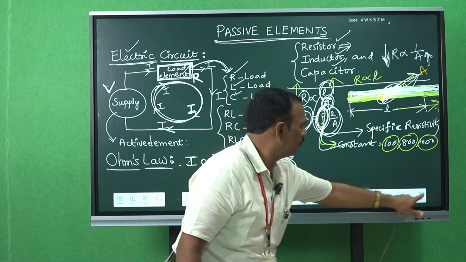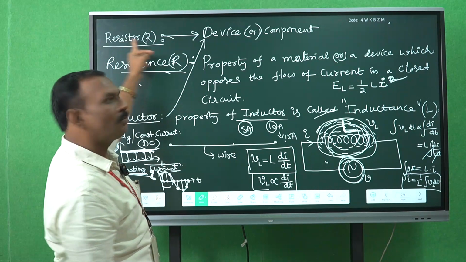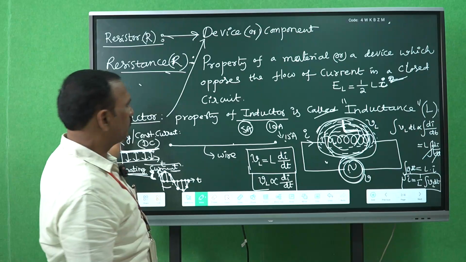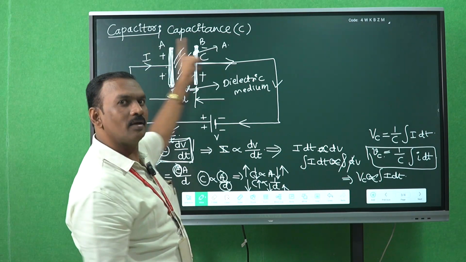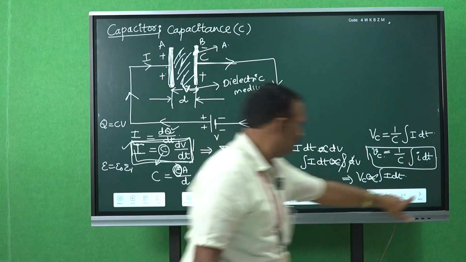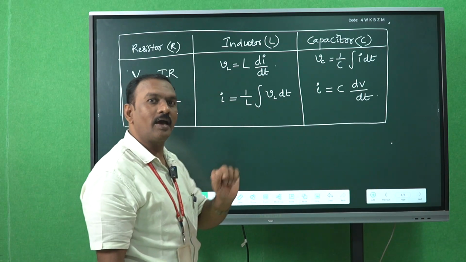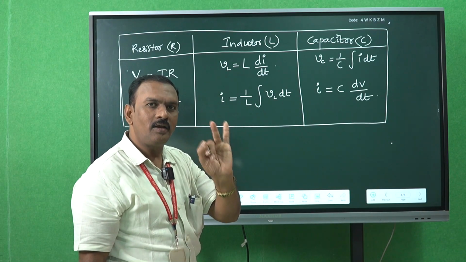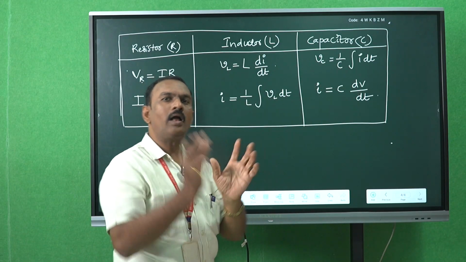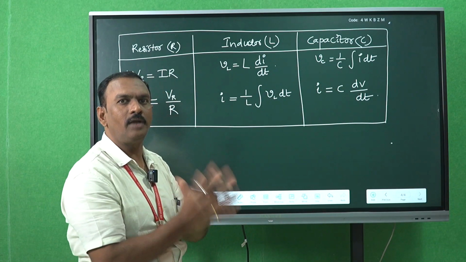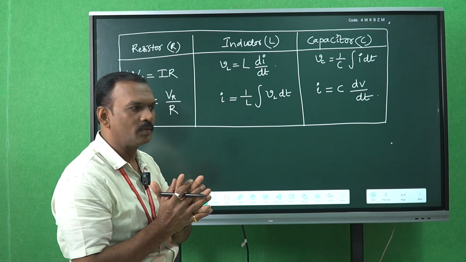The first element is resistor, then inductor, then the third element, capacitor. Finally, the consolidated voltage and current expressions for resistor, inductor and capacitor. Remember all these equations.